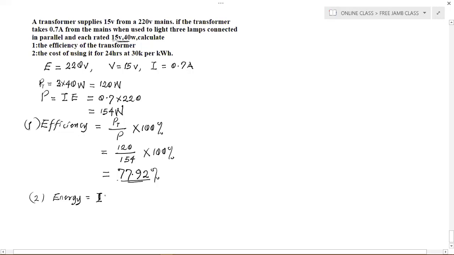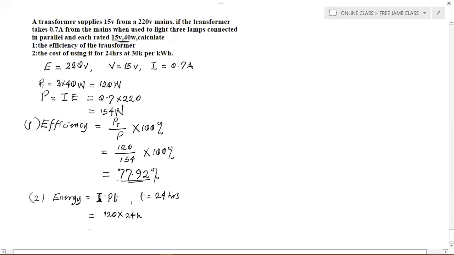We don't even need IE, it's just PT. They gave us the time, which is 24 hours. That will give us the energy, which will be 120 that we calculated the other time times time, that's 24 hours.